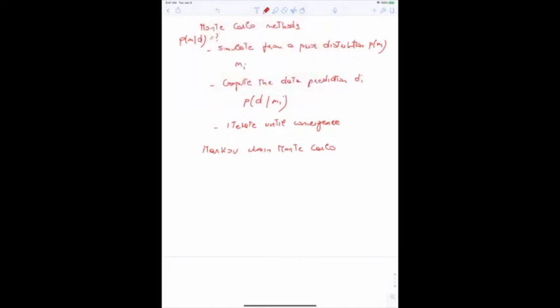We have several algorithms. There's Metropolis-Hastings, and the Gibbs sampler, and other choices. But the philosophy is essentially the same. So we first sample from the prior distribution.